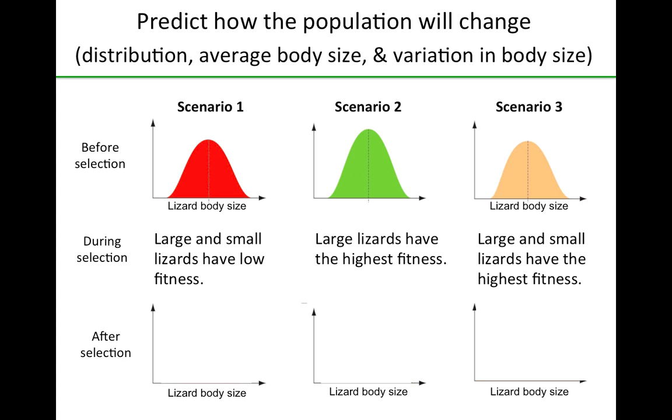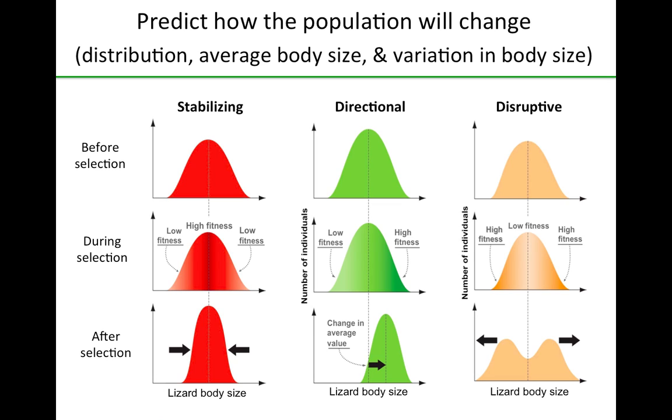Okay, so I just want to briefly go over the answers to this activity. So here I'm just going to show them all at once. So for scenario 1, I told you that the lizards with the smallest and largest body size had the lowest fitness, which means the lizards with intermediate body sizes had the highest fitness.